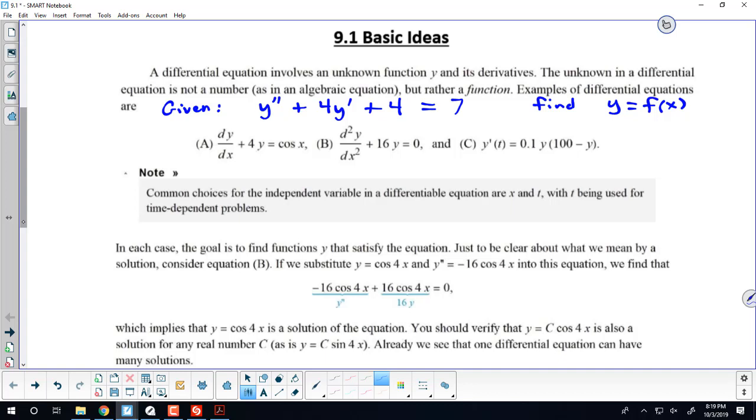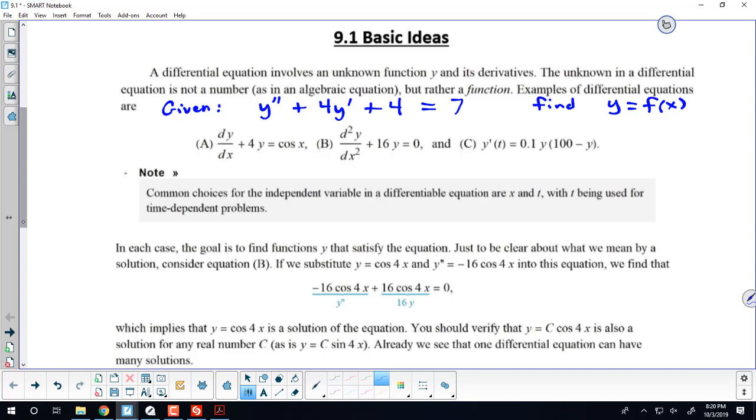But that's a very basic differential equation, and any differential equation is essentially that. In example B, you have a second derivative plus 16 times the function itself equals 0. What's the function that satisfies that? That's what you're after.